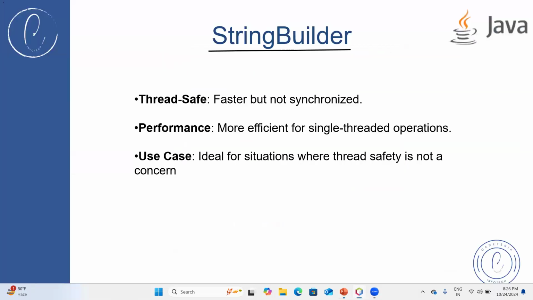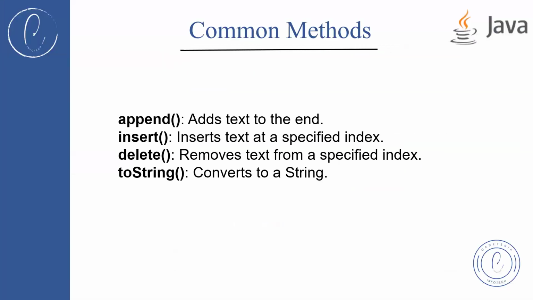Okay. For that, we have some common methods present in Java. Our StringBuffer and StringBuilder classes support some methods. First is append. Append adds text to the end. Then we have an insert method. It inserts text at a specified index.